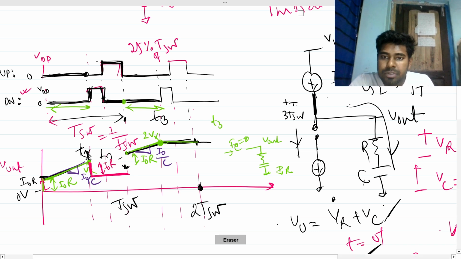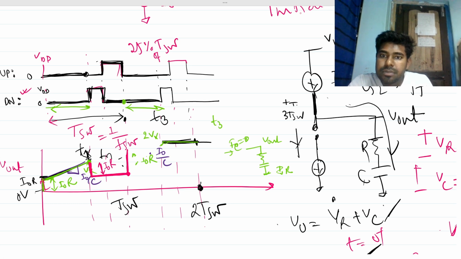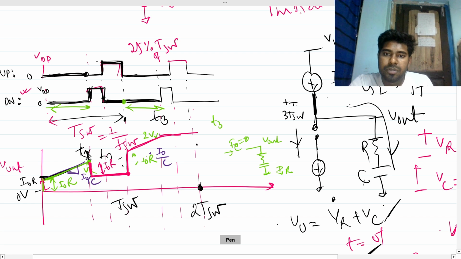Then again, it will not be like this. From here to there, it will be IR, right? Okay, so this is your final waveform.